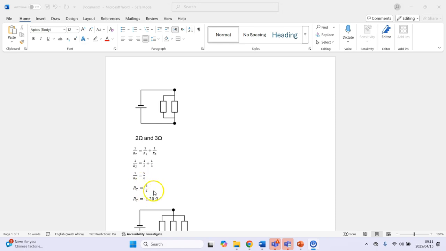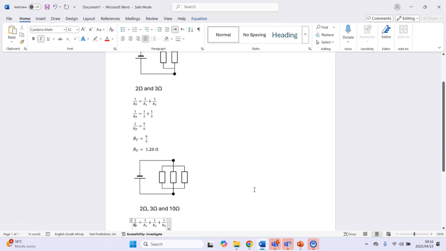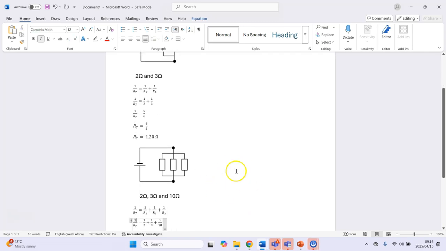And once we have our final fraction, we can get an answer to 2 decimal places. So 6 divided by 5 gives us a value of 1.2 ohms. And just note that this value of 1.2 ohms is lower than the value of the smallest resistor, which is 2 ohms.